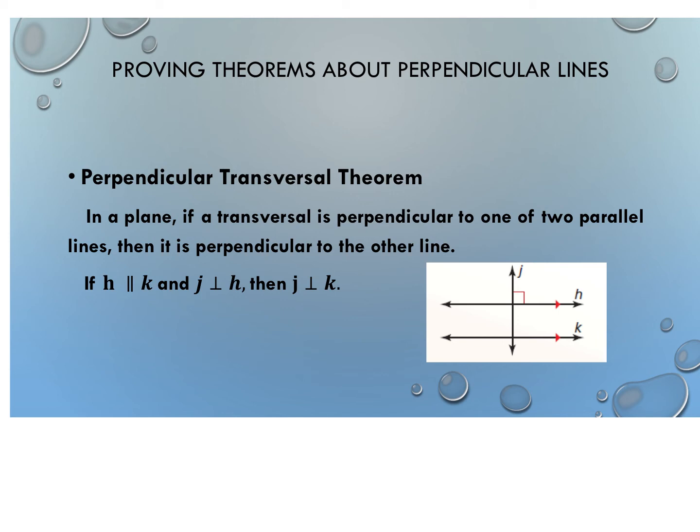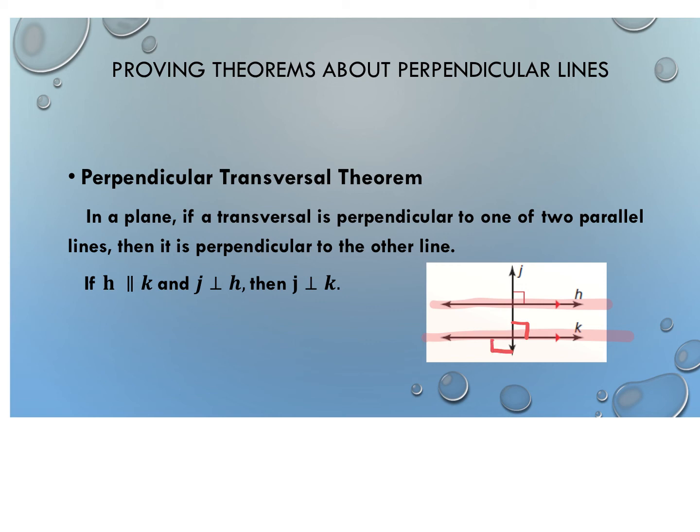If you think about it, once you're given parallel lines, we can also show that we have corresponding angles, and corresponding angles are congruent. So right there, we could put in our right angle, which then tells us that J is perpendicular to K. We could have also drawn alternate exterior; I could have put the right angle over here.